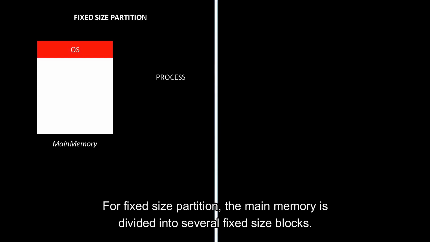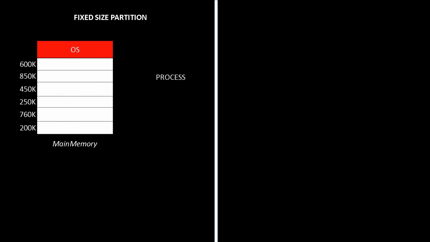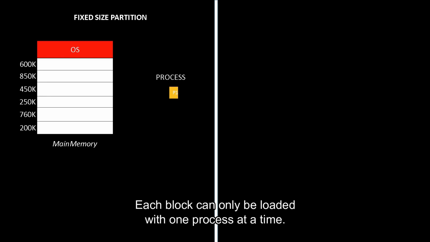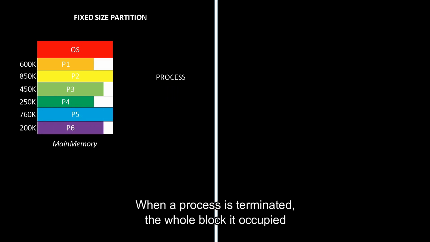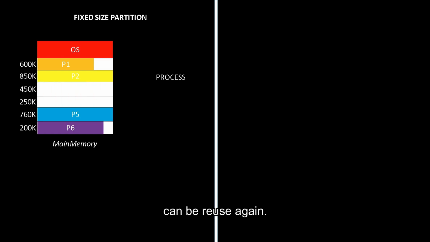For fixed size partition, the main memory is divided into several fixed size blocks. Each block can only be loaded with one process at a time. When a process is terminated, the whole block it occupies can be reused again.